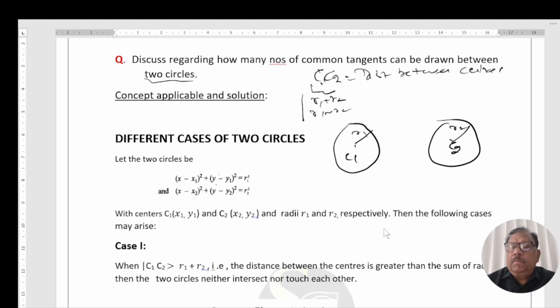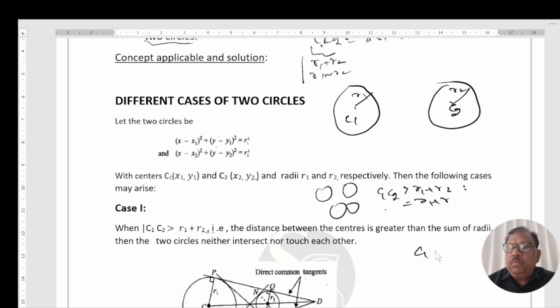There will be cases. C1 C2 greater than R1 plus R2, then 4 common tangents. If equal to R1 plus R2, then one comes this way, one comes this way.